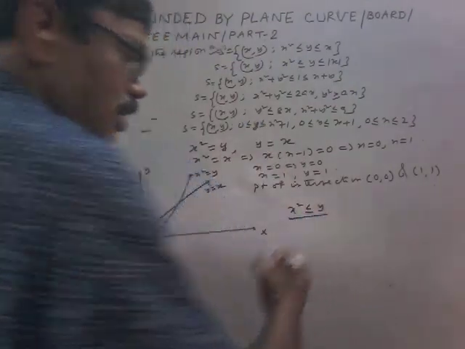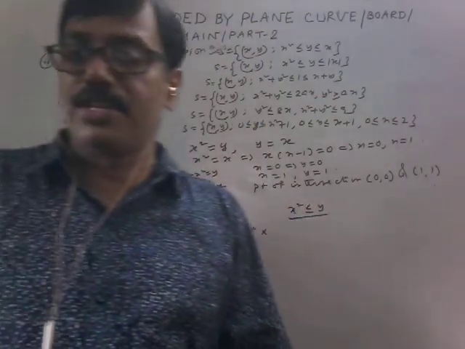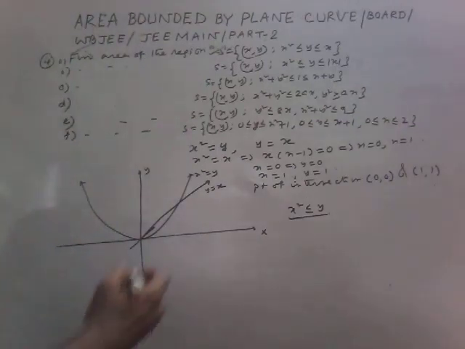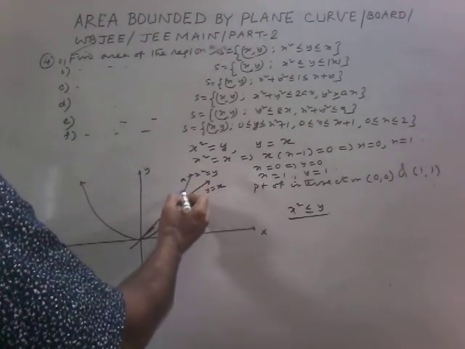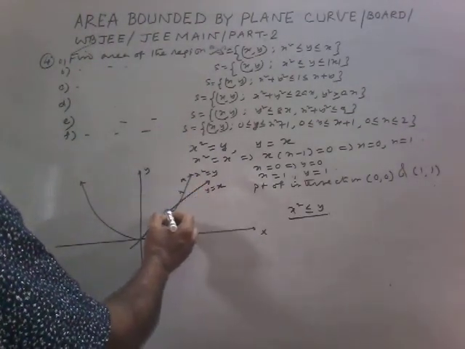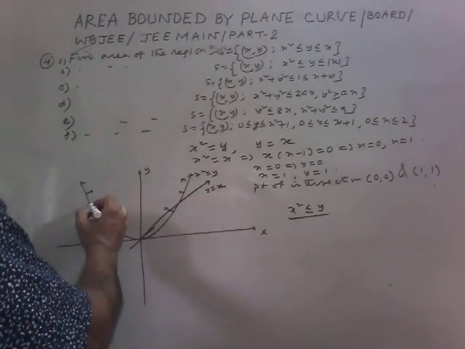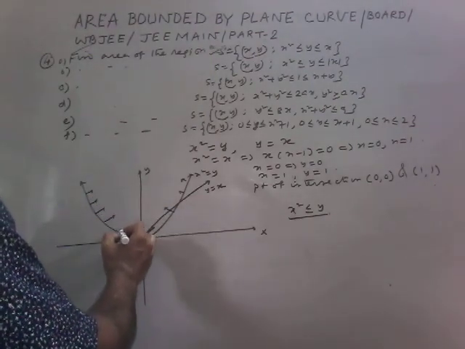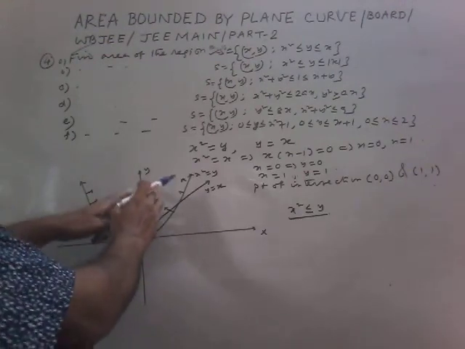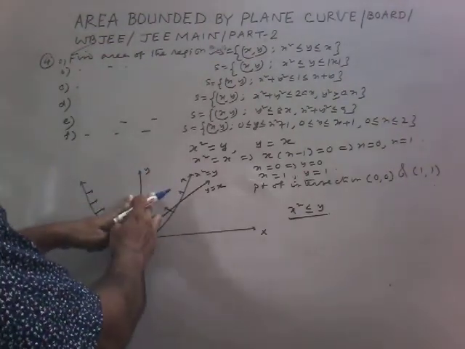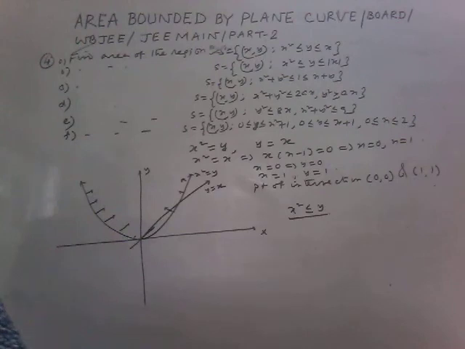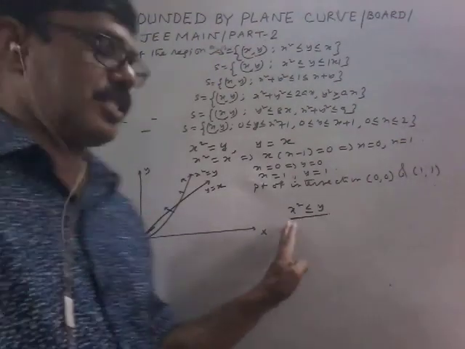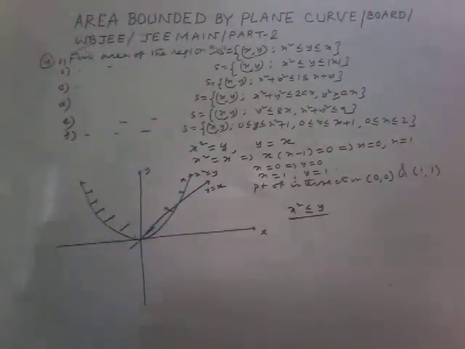X square less than or equal to y means inside the parabola. So inside the parabola means this part. You may take any point inside it and verify; this point is satisfied. So less than means inside the parabola.